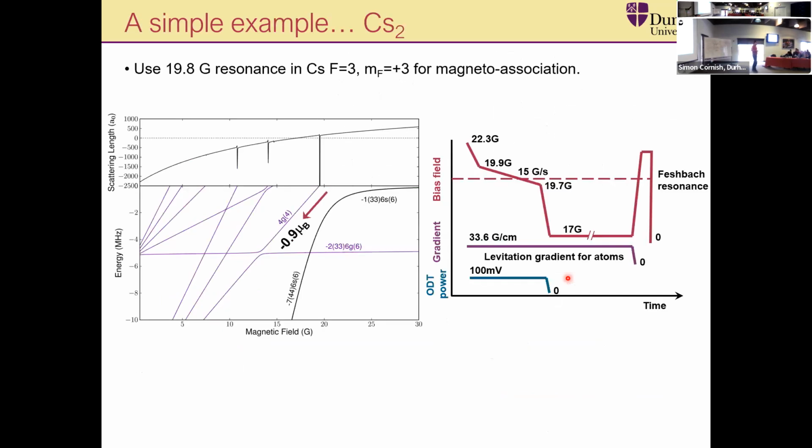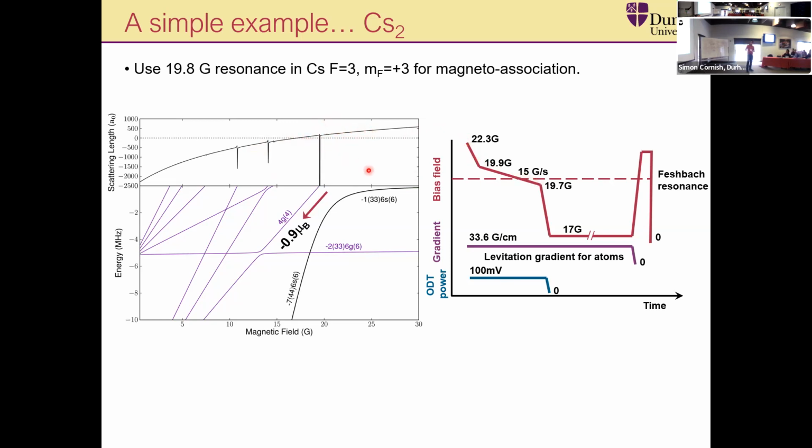Okay, so this is part of cesium's scattering length. So this is the scattering length as a function of magnetic field, and these poorly resolved little spikes are actually narrow Feshbach resonances. And so to do this magnetoassociation, it's very simple. Let's say you prepare a BEC up here, and then in this diagram, we just sweep across this resonance.